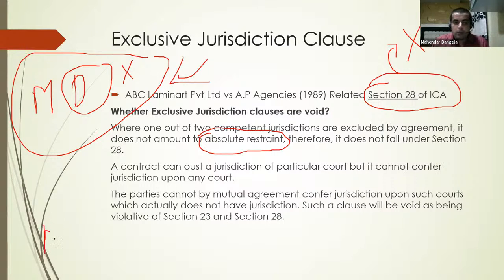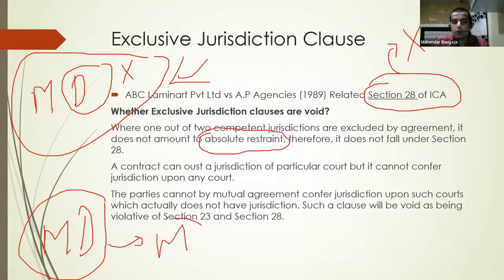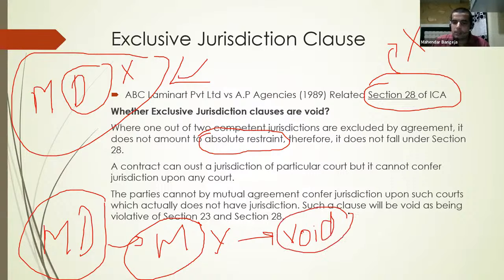Now if the Mumbai court and Delhi court have jurisdiction, but you are conferring jurisdiction on the Madras court through a contract, this agreement or clause is void because you are conferring jurisdiction on a court which does not have jurisdiction. Such a contract is not permissible and it will be void under section 23 and 28.